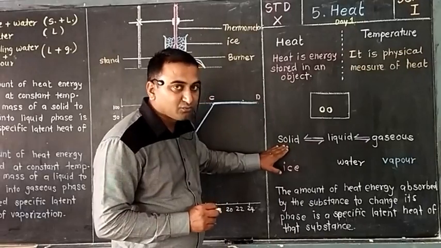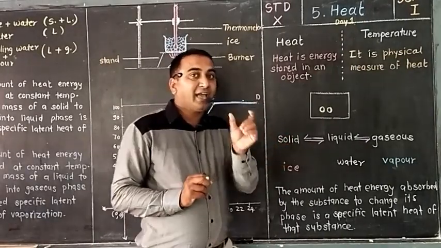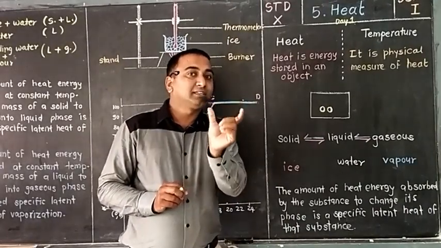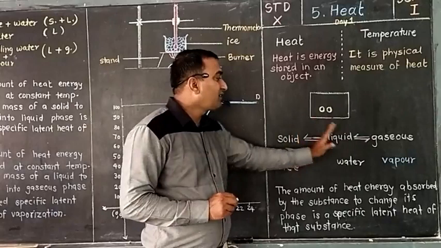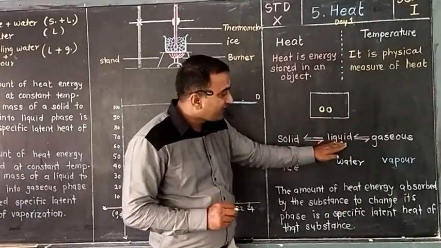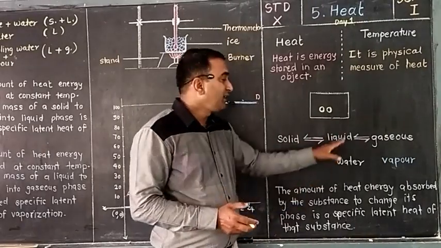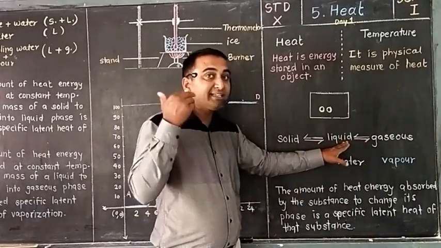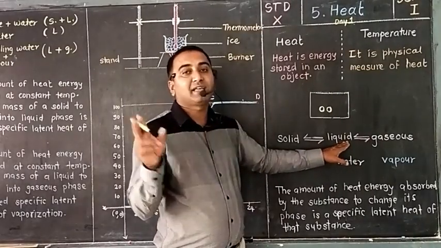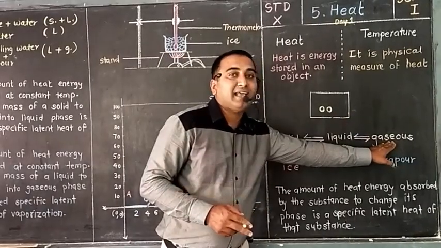Once again we should move towards this one. When a solid absorbs heat, the kinetic energy of the particles increases, and they go a little apart from each other, so the solid will convert into liquid. And when you further heat that material, again more energy it will store, and kinetic energy increases, and due to more kinetic energy, now the gaseous particles will move here and there, and so it is called a gas.